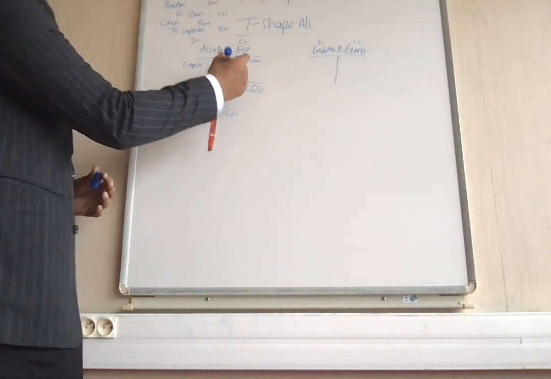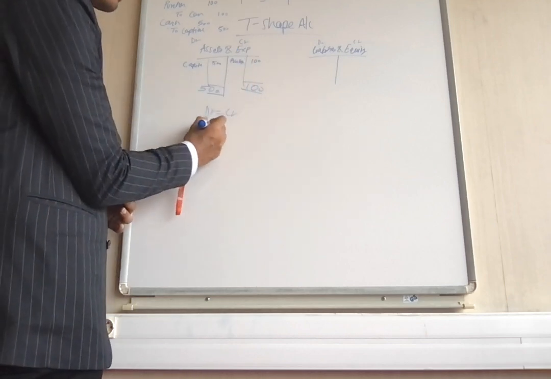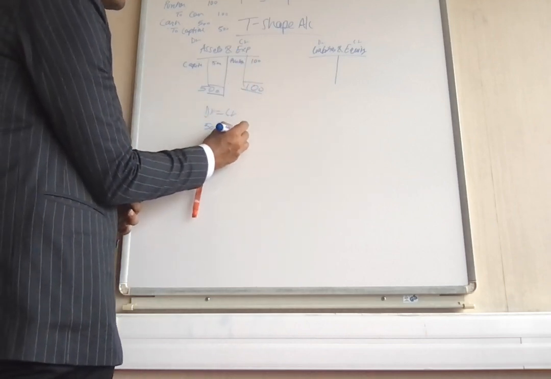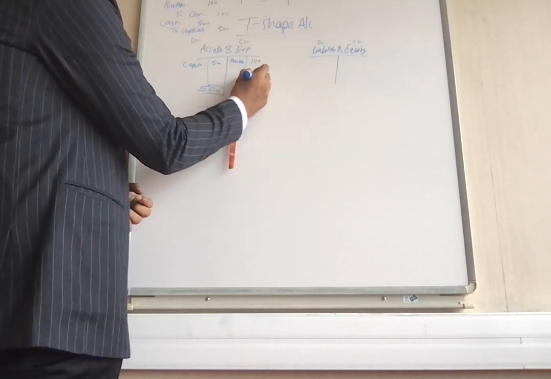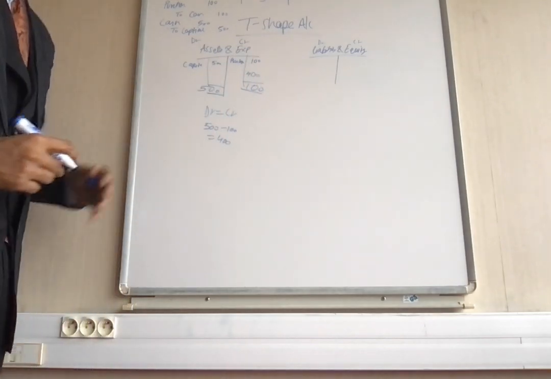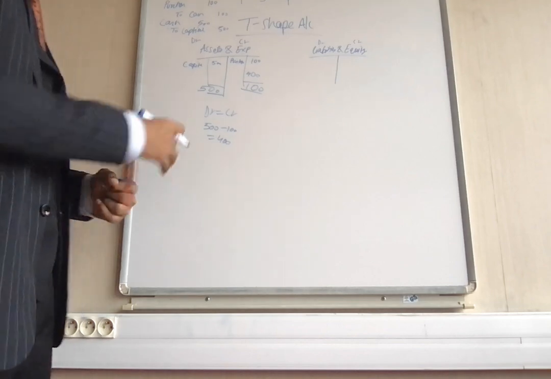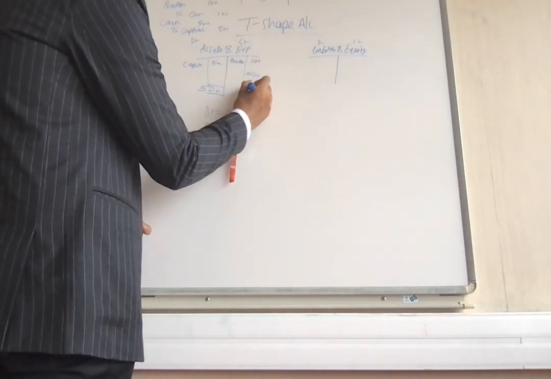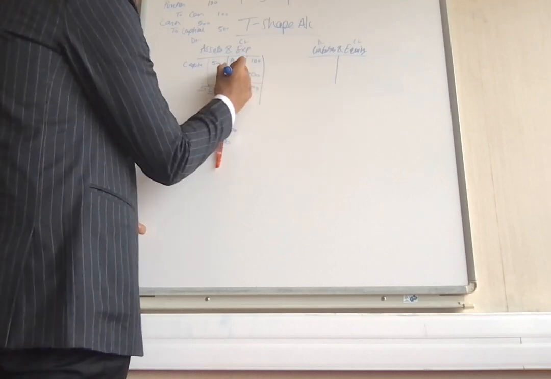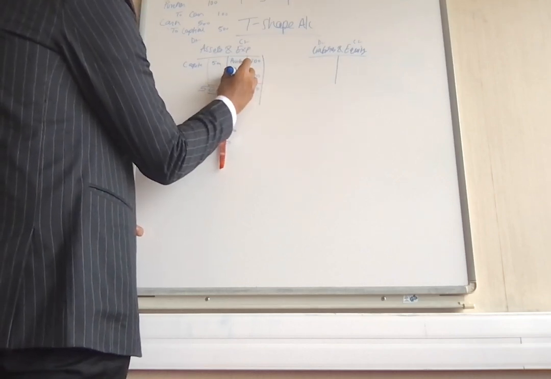By adding 400, which is the difference: 500 minus 100 equals 400. So we add 400 on the credit side to make it equal to the debit side, right? This is what we do at the end of each year, and this is what we call the closing balance.